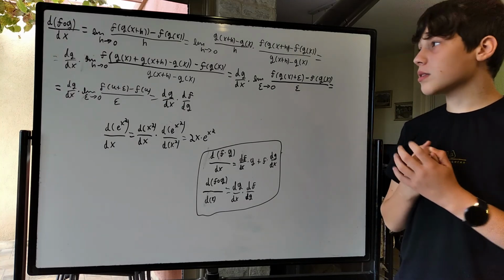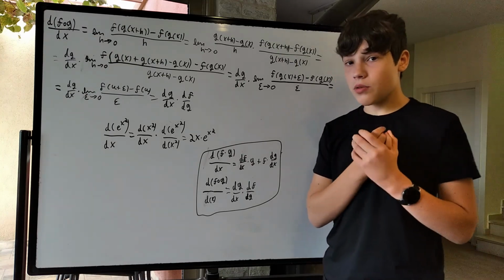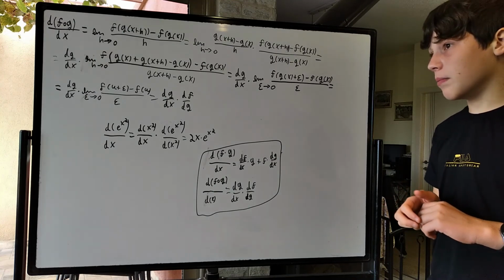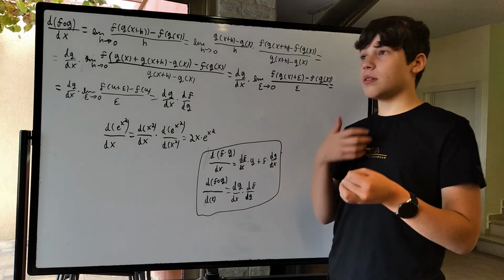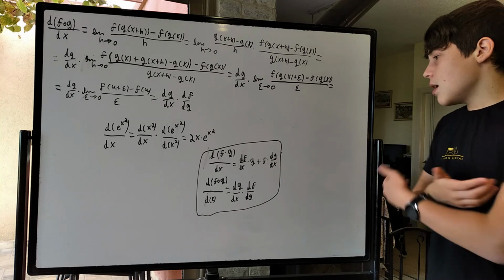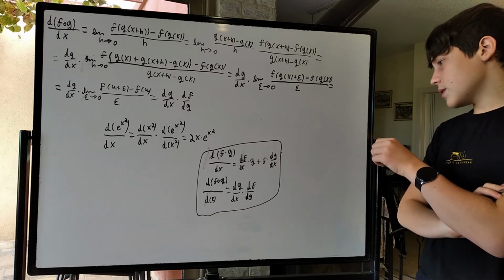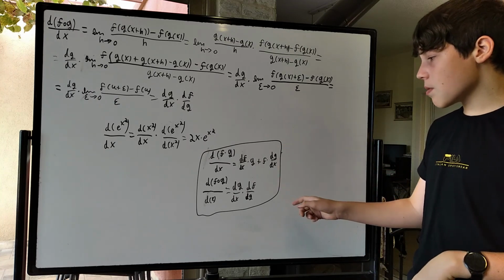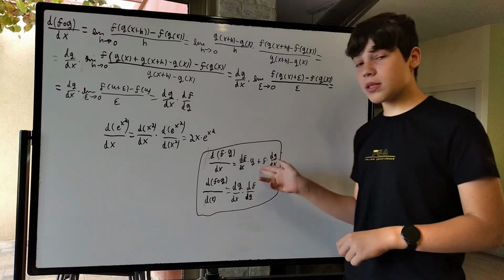And the sum is very easy to prove: the derivative of a sum is the sum of the derivatives, at least for a finite sum. There are probably some cases where it doesn't work for infinite sums, but for finite sums, the derivative of the sum is the sum of the derivatives, which is easy to remember. These other rules are a bit more difficult to remember and to prove, which is why those are the ones I did in this video.